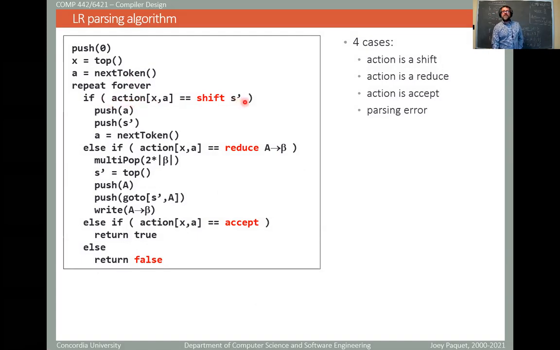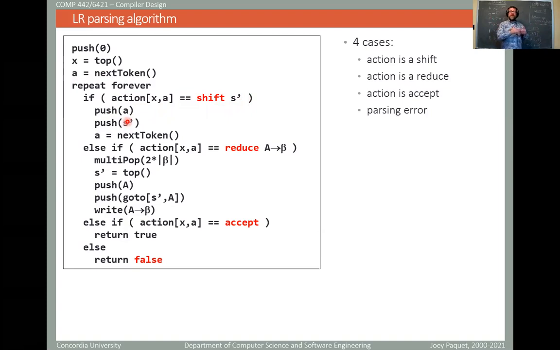So if you find, for example, shift 5 or S5, then you push your A. You went over this token A, you take it from the input tokens and you push it on the stack to somehow remember you've successfully parsed this token.